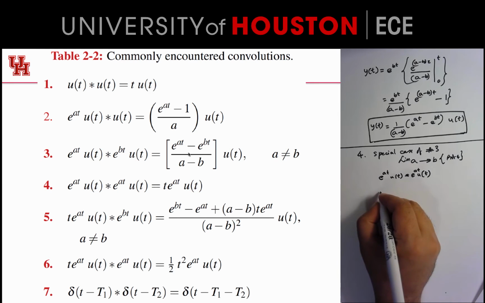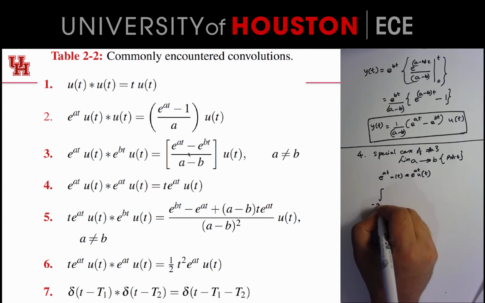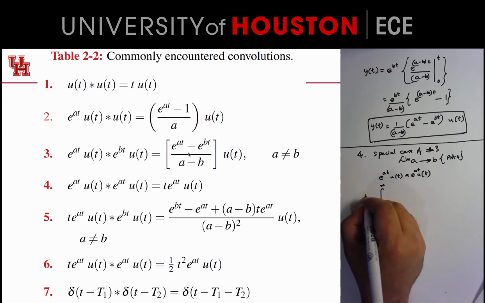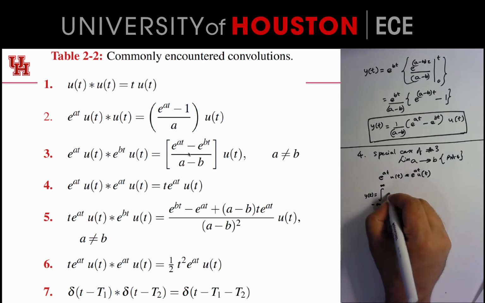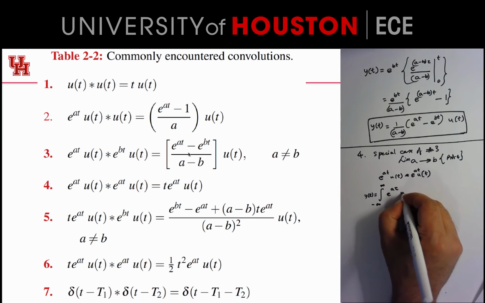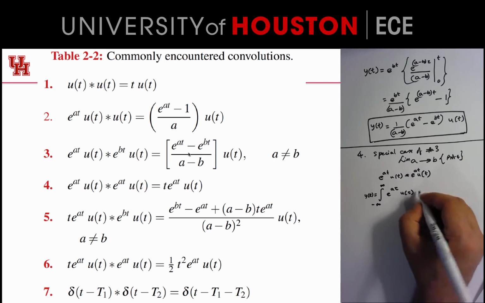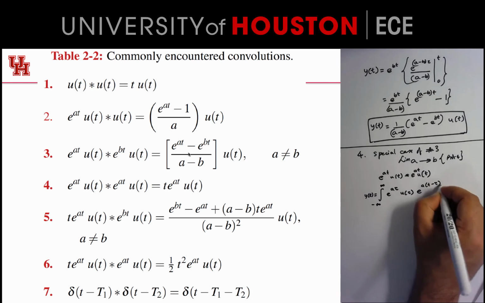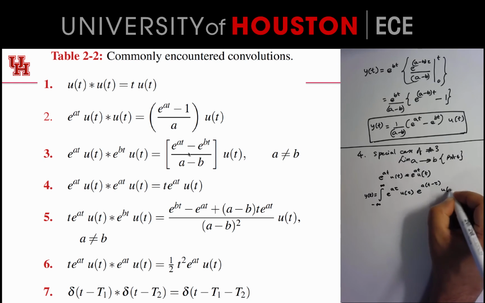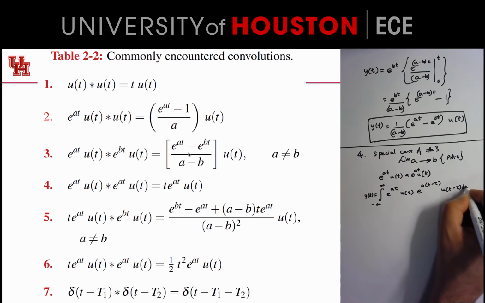So I write down the formula from scratch. I write minus infinity to infinity. This is y of t, which is e to the a tau u of tau times e to the a times t minus tau, u of t minus tau, d tau.